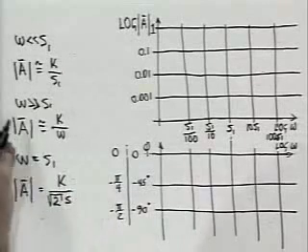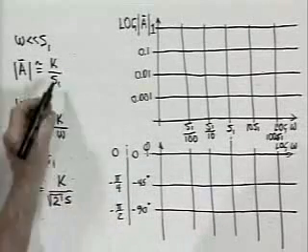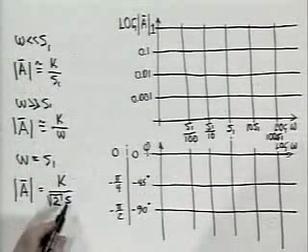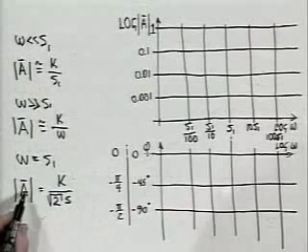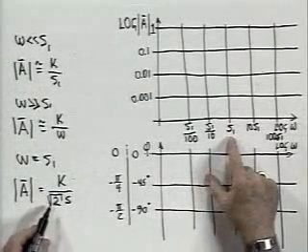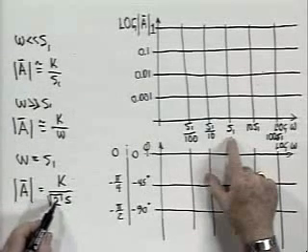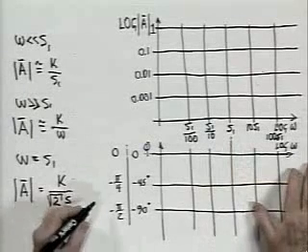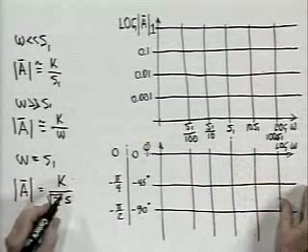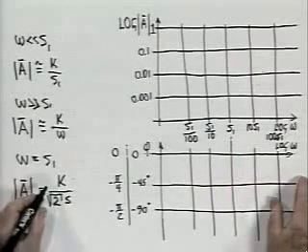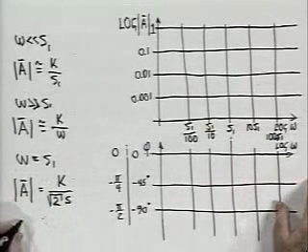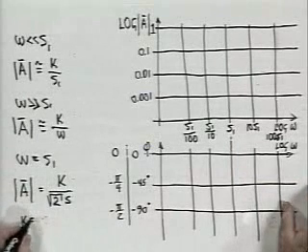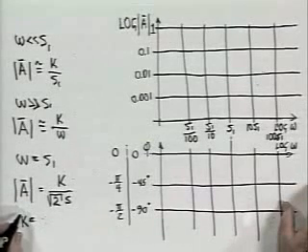So with these scales now, I want to plot these approximate relationships and the value for omega equals S1. This is the easy one. The magnitude of A at a frequency of S1 is just K divided by the square root of 2 S1.